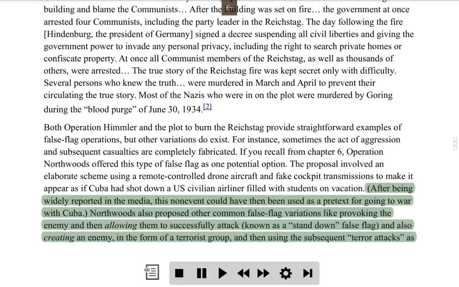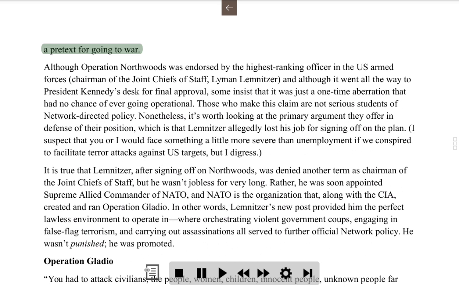Northwoods also proposed other common false flag variations like provoking the enemy and then allowing them to successfully attack, known as a stand-down false flag, and also creating an enemy in the form of a terrorist group, and then using the subsequent terror attacks as a pretext for going to war.